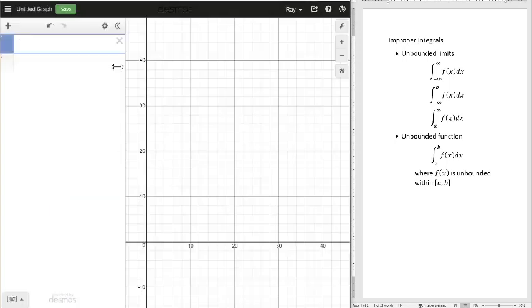Well, if you remember what the arctan looks like, as you get larger and larger, the arctan function settles down to a value of about 1.57, something like that.